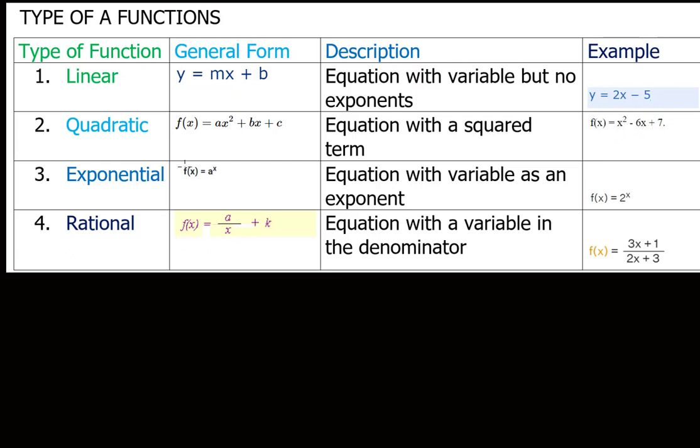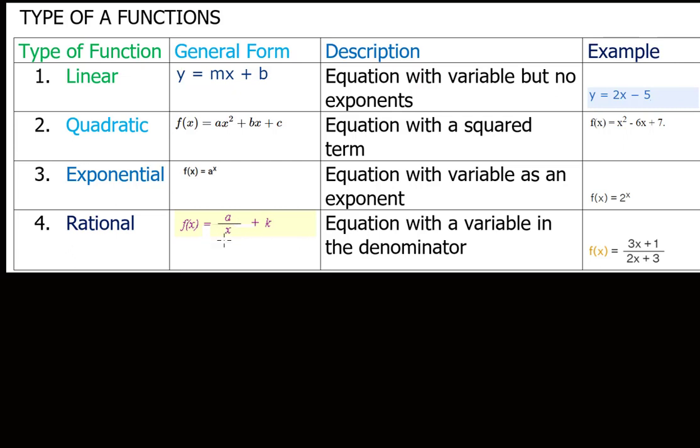What about the exponential? An exponential function is an equation with a variable as an exponent. The base, 2, is any number, and the exponent is a variable, which is x. For example, f of x equals 2 to the power x. What about a rational function? A rational function is an equation with a variable in the denominator.